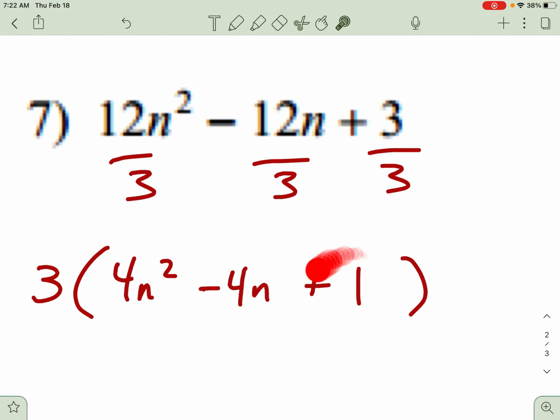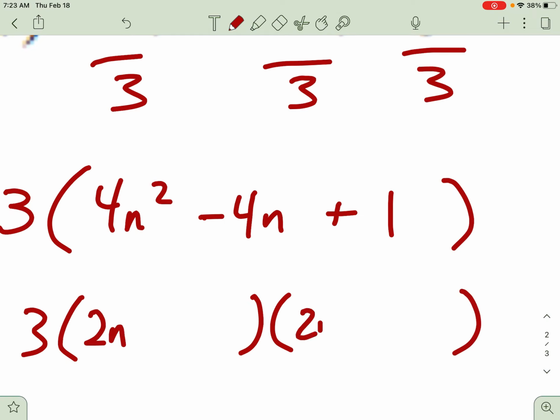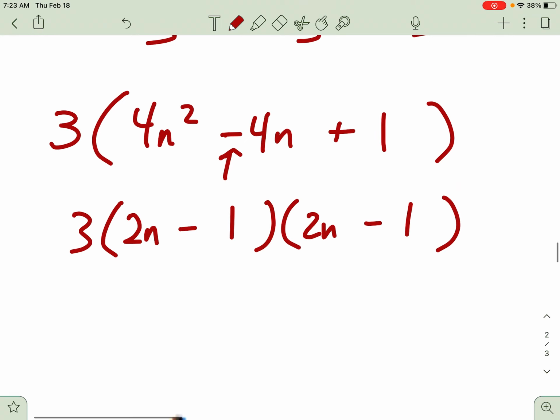Well, now the first and last term are perfect squares, 4 and 1, right? So take the square root of both, which would be 2n and 1. Middle term is negative, so that means it's negative, and 1 times 1 gives me 1. So our solution here, 3 times 2n minus 1 squared.